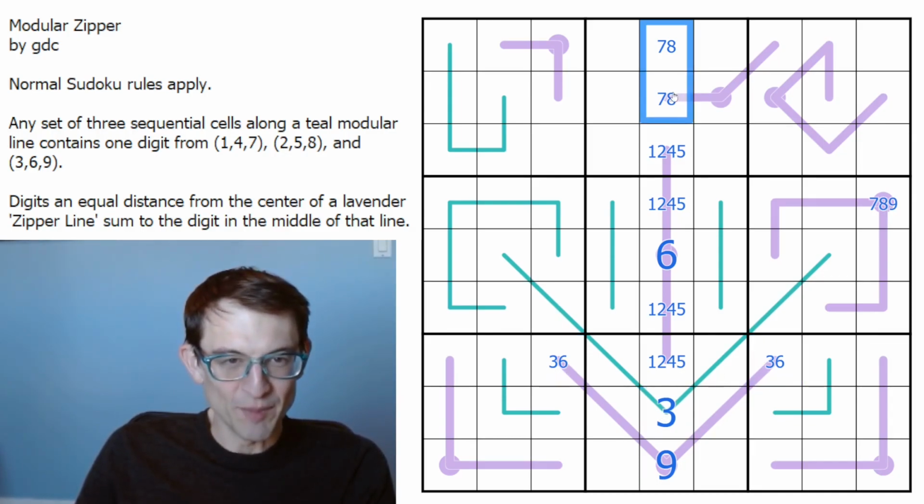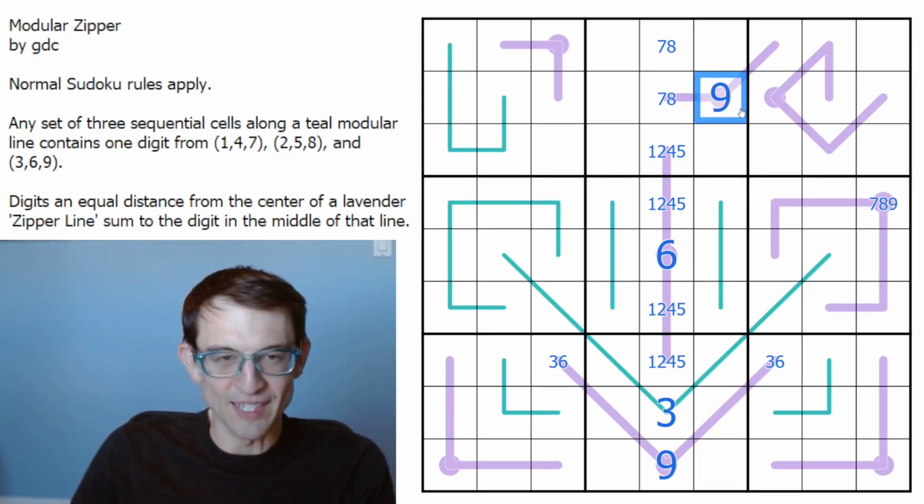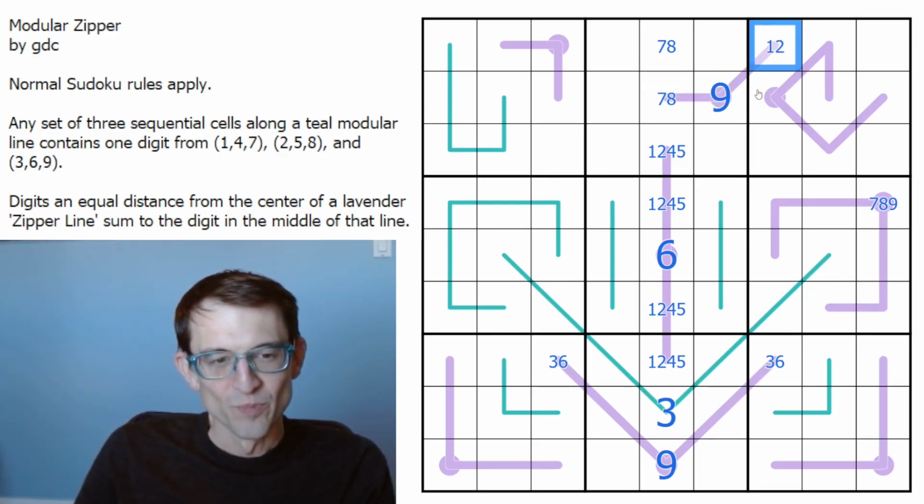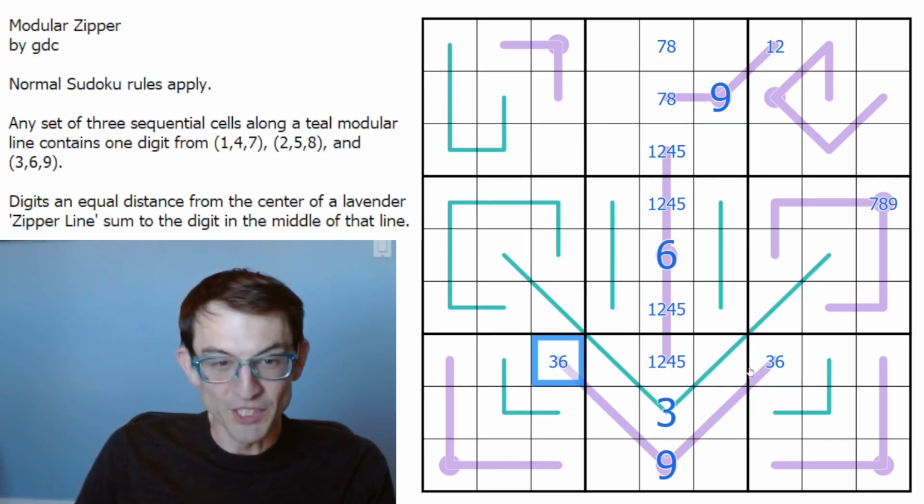So let's see, I've got a 7, 8 here. This has to be more than that. So that's 9. And that's going to sum from 1 or 2. Let's think about which of these is 3.